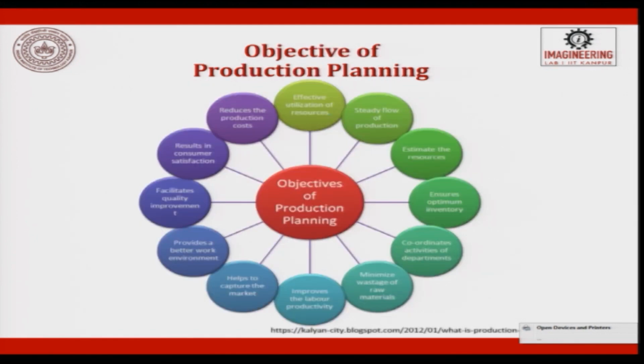Objectives should be effective utilization of the resources, steady flow of production. So, that means to say throughout the month all 3 shifts they should give employment, eliminate unnecessary resources whatever it is there, then ensure optimum inventory, because inventory should not be there for a long time, because inventory is nothing but you have invested money, you have bought it and you are holding it without utilizing it.